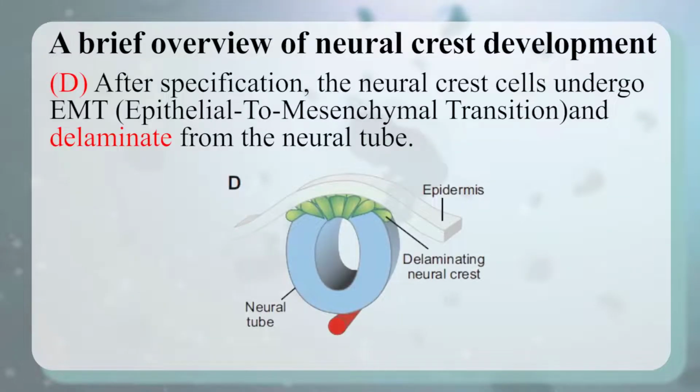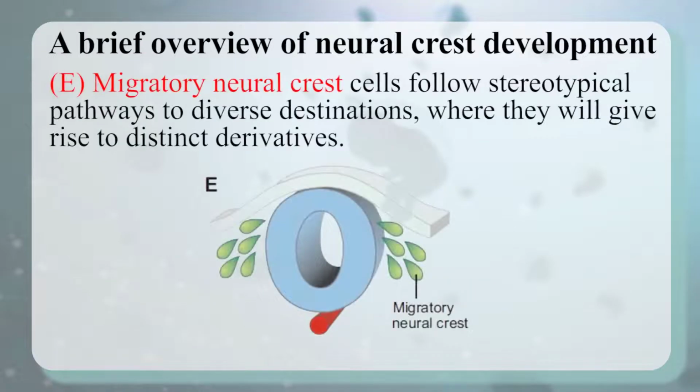Figure D, after the specification, the neural crest cells undergo EMT. Here, EMT stands for epithelial to mesenchymal transition, and delaminate from the neural tube. Figure E, migratory neural crest cells follow stereotypical pathways to diverse destinations, where they will give rise to distinct derivatives.